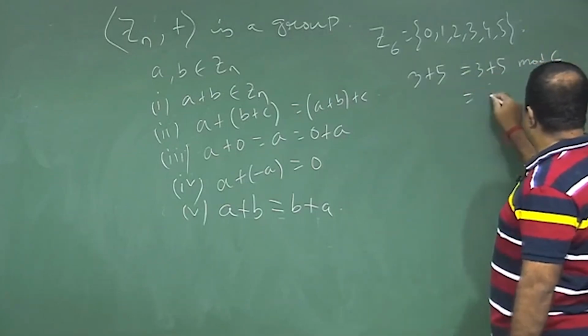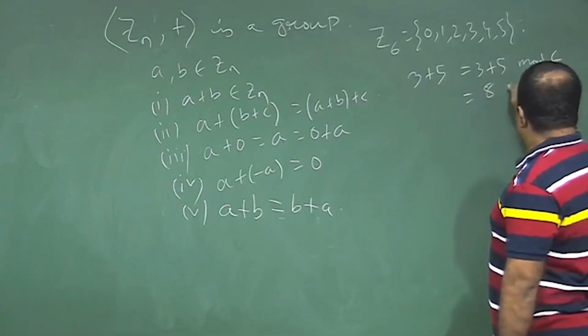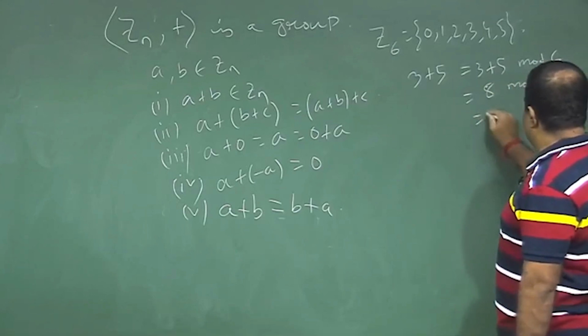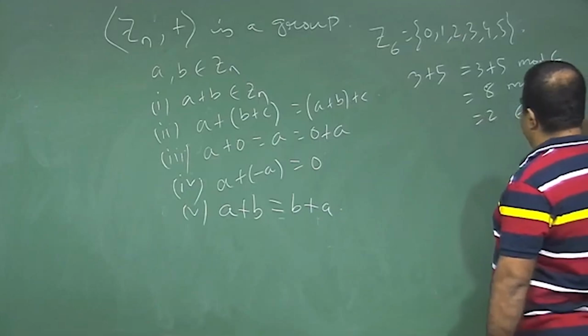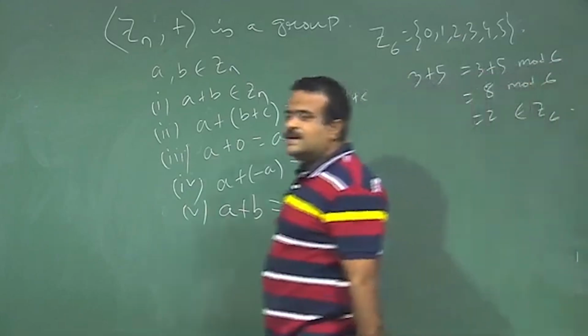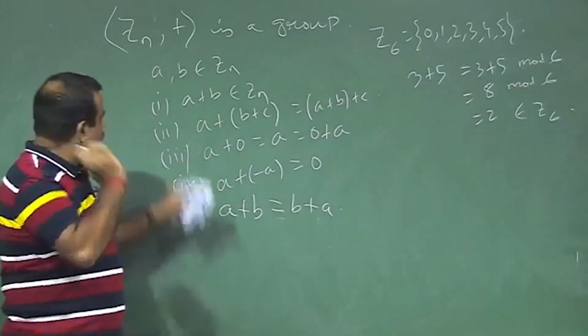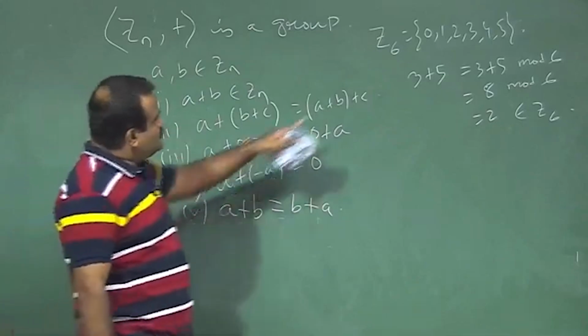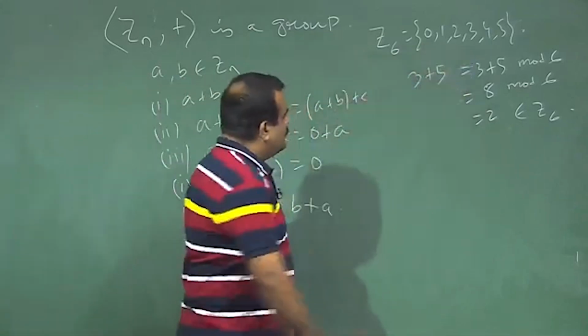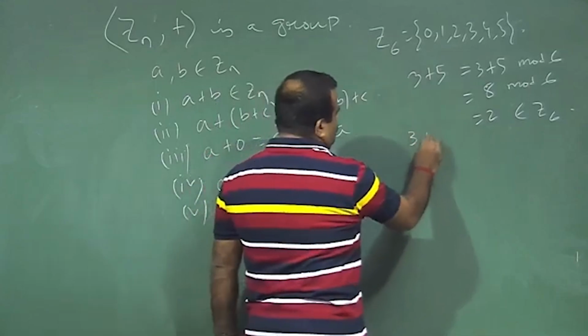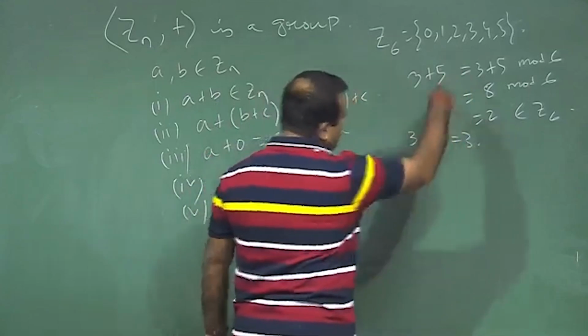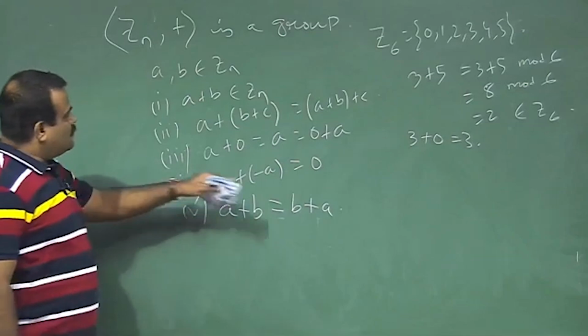So this is 8, which is basically 8 mod 6, this is basically 2, which belongs to Z6. So closure property is satisfied. Similarly, we can show that associativity is also satisfied. Then 0 is there. If you take any element, 3 plus 0 is 3, any element plus 0 is the element itself.